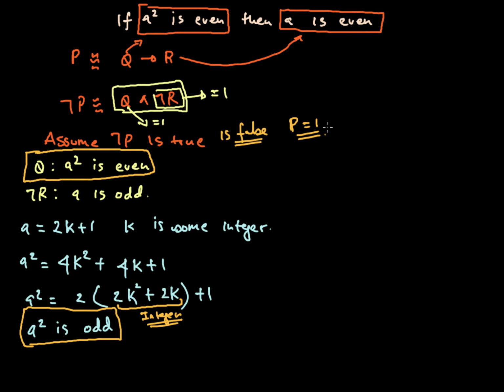Now, one thing that I would like to point out over here is that though I'm claiming this to be a proof by contradiction, it also happens to be identical to proof by contrapositive.